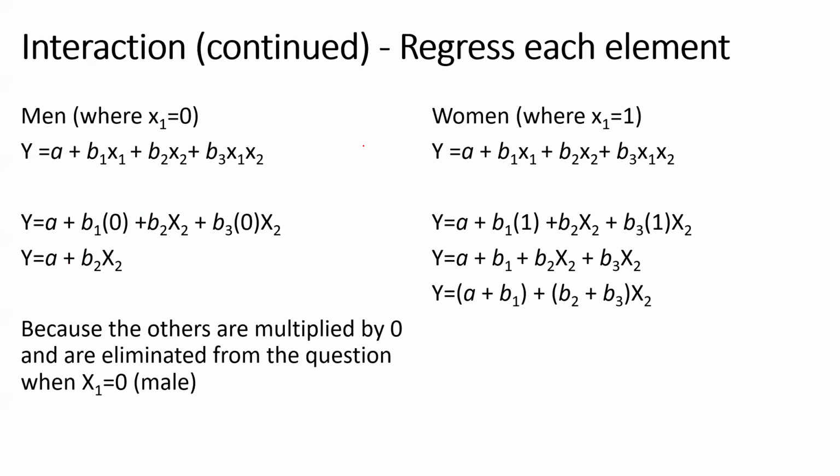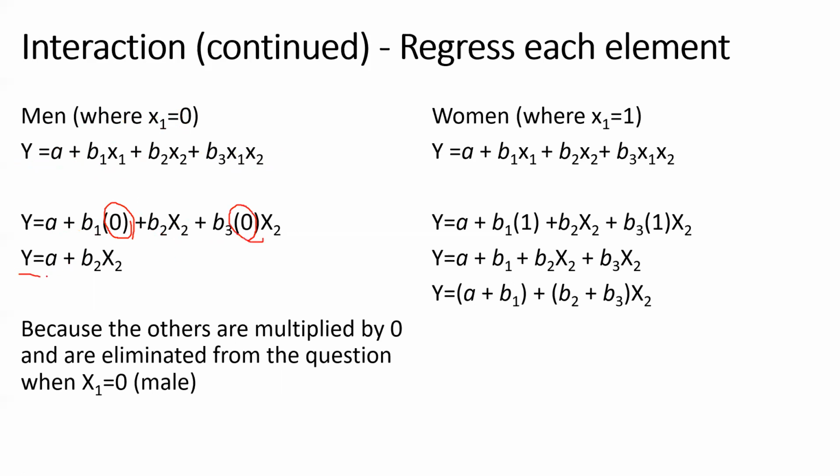So what we do is we look at regressing each element. If our equation is a plus b1 x1 plus b2 x2 plus b3 x1x2, our cross product, and we plug in where x1 equals 0, that's if we have men, then everywhere that we would have x sub 1, we put in a 0.